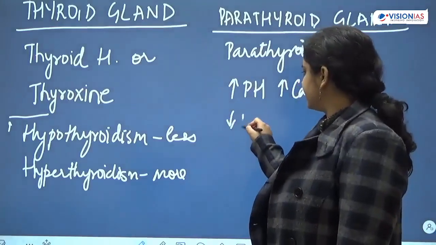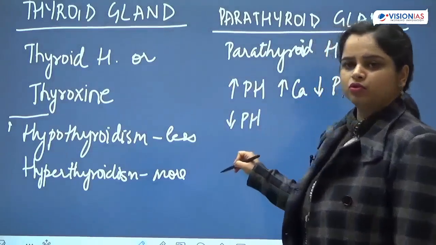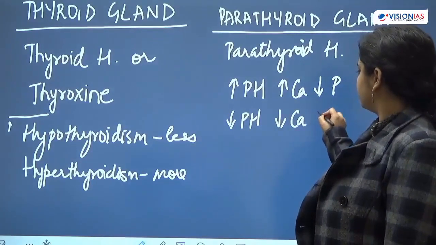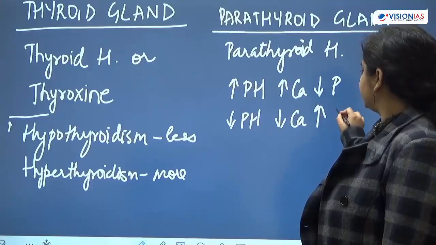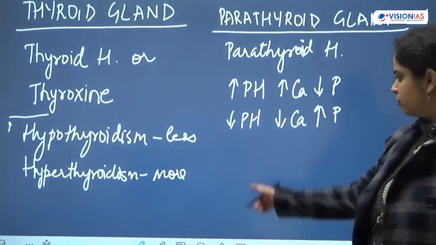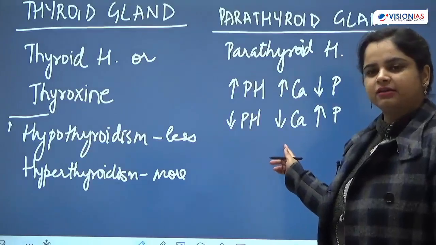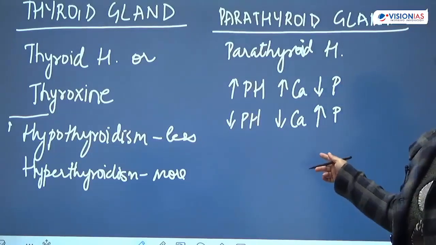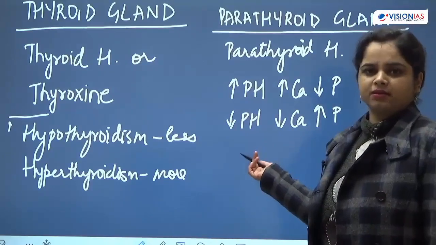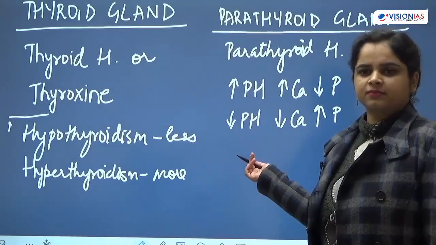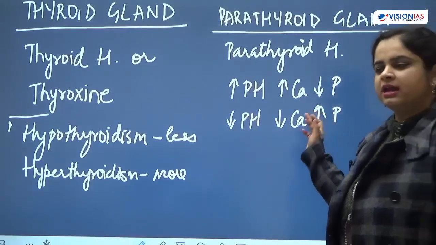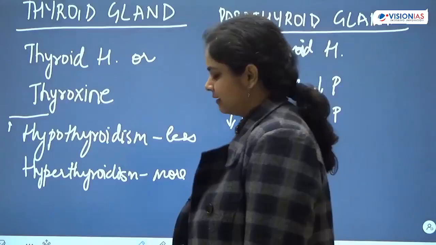On the other side, if we have a reduced amount of parathyroid, we will also have a reduced amount of calcium and an increased amount of phosphate. So parathyroid and calcium have a direct relationship, whereas with phosphate there is an inverse relationship which is going to be taking place. Okay. So for processing calcium and phosphate in the body, we have the parathyroid gland.